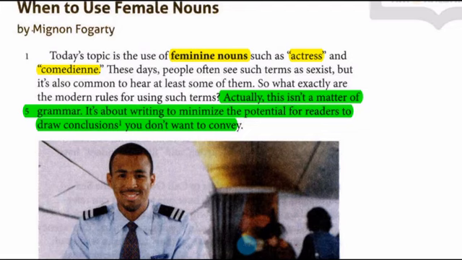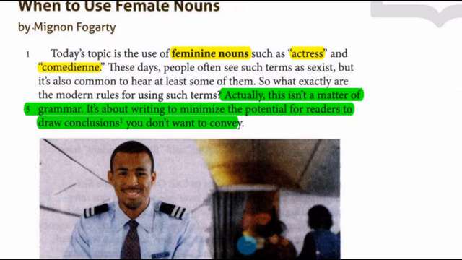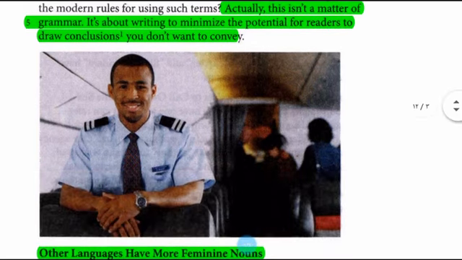Sometimes the listener or the reader understands a message that the writer or the speaker didn't want to convey. So here we are talking about avoiding misunderstanding and not conveying a bad message to the listener or the reader.